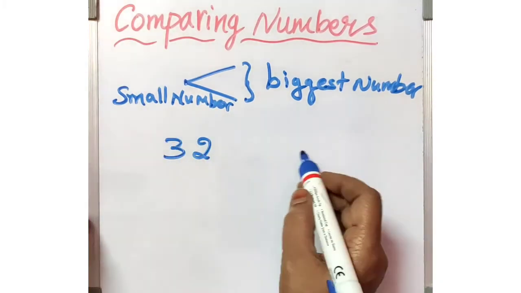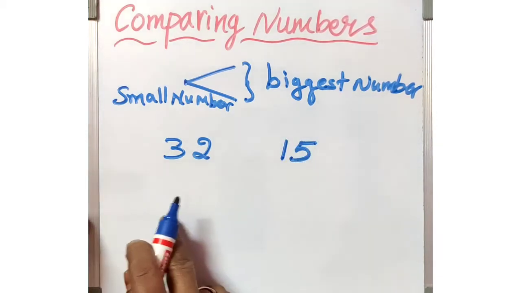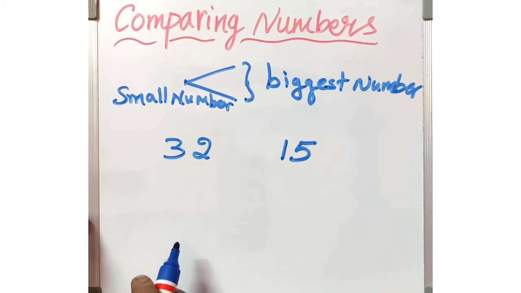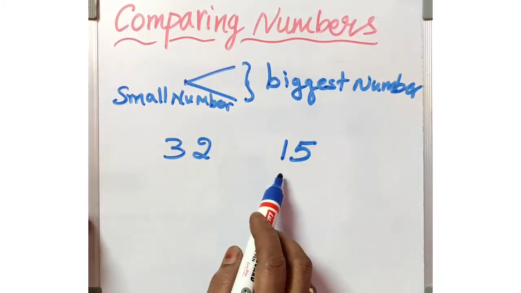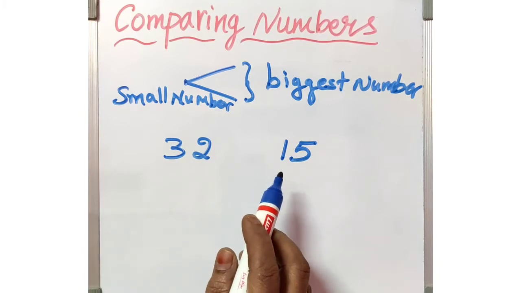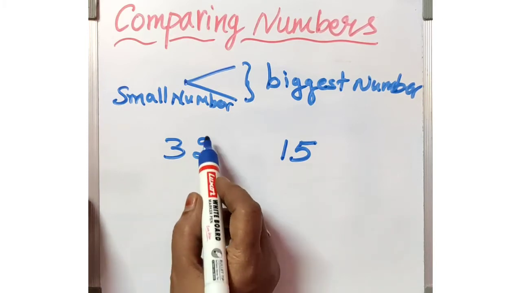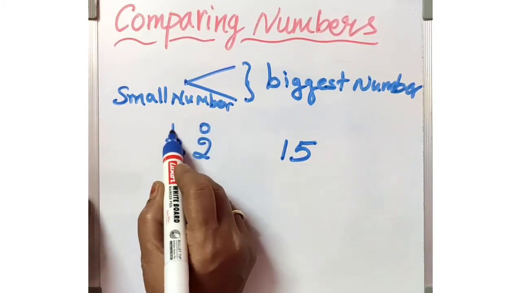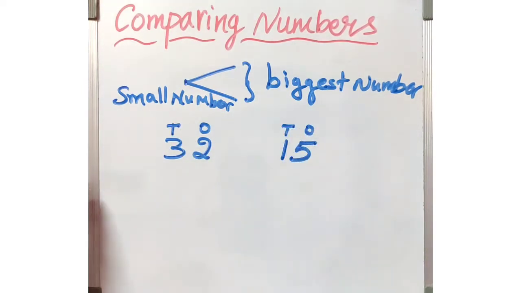Now let us take one more example, 32 and 15. Let us compare these two numbers. Here both are 2-digit numbers. When you are comparing 2-digit numbers, we have to compare the tens place first. This is ones place and this is tens place. Remember that.